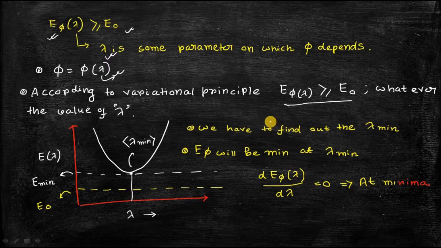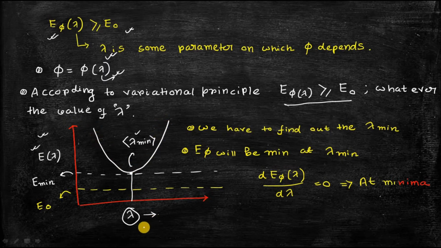Here we will choose different values of the parameter lambda and find where the energy associated with the function psi is minimum. You can see in this graph that we have changed the value of lambda, so our trial wave function gives different energy values depending on lambda.